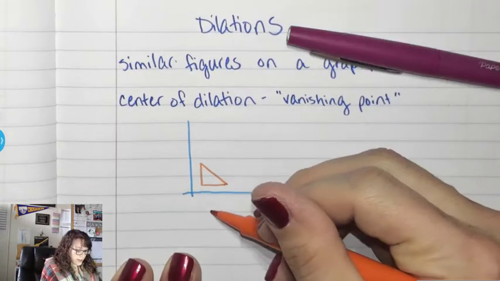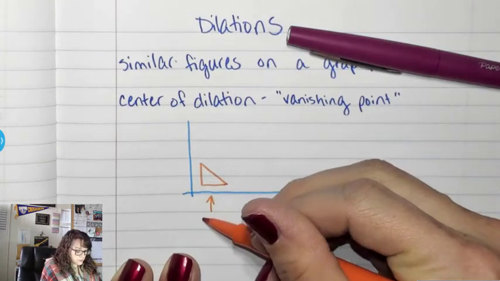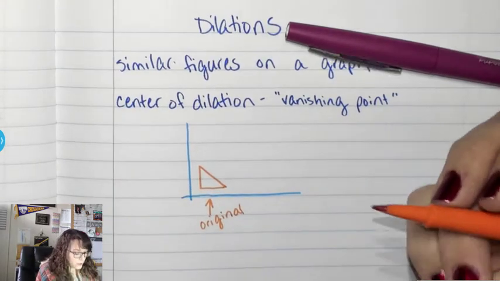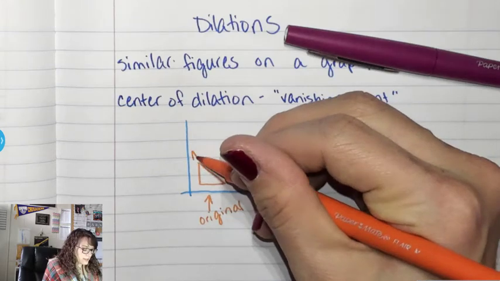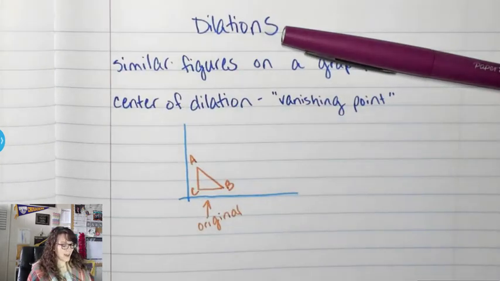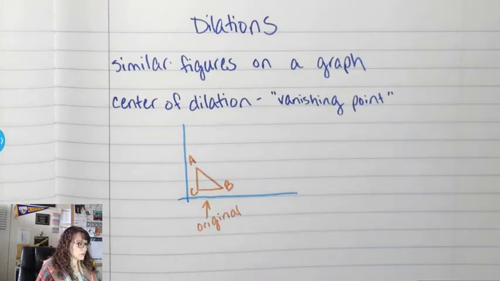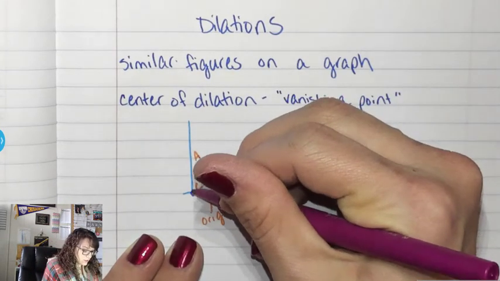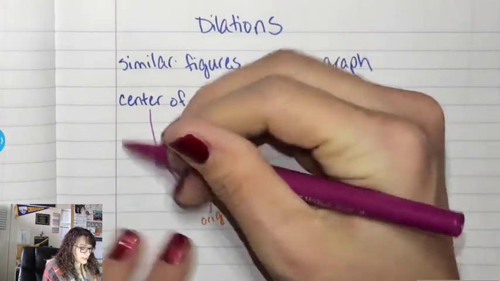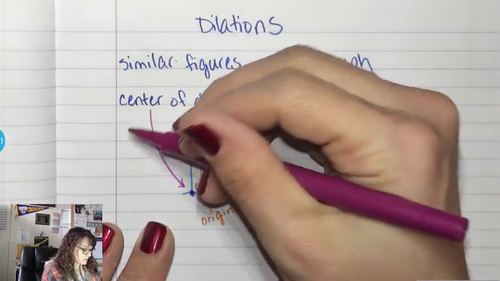Your original triangle, your OG triangle, we're going to call it ABC. Now, I'll use this origin as my center of dilation. It does not have to be the origin.